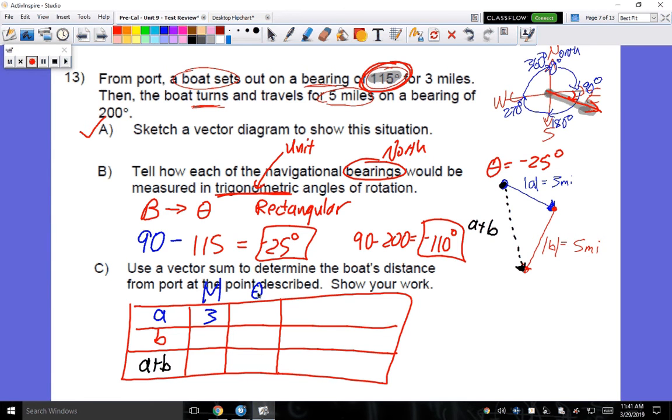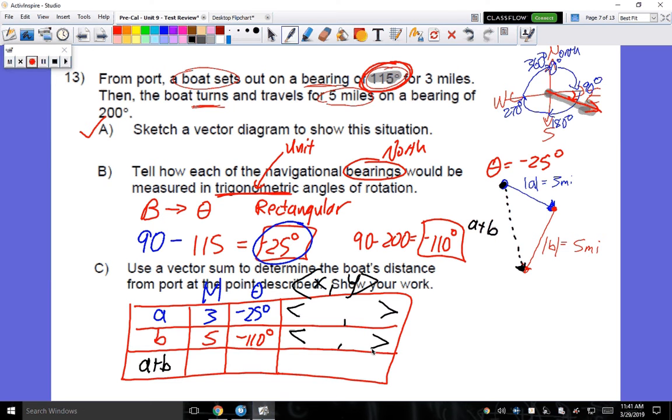The directional angle that we came up with was that negative 25 degrees. B, the magnitude was 5, and the directional angle was a negative 110 degrees. And we're simply going to get our component vectors x and y right here by doing the magnitude times the cosine of the angle, and then the magnitude times the sine of the angle.